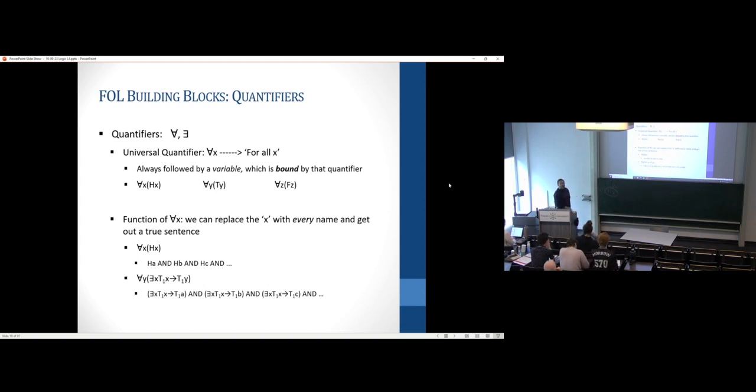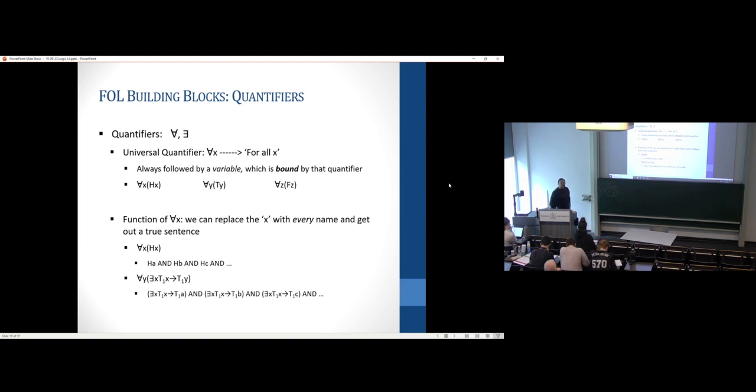The first one that we'll talk about is the inverted A, the upside down A. It is the universal quantifier. The first thing to note about both of the quantifiers is that you will never see one by itself. I'll say that again. Whenever you see a quantifier, it should always be immediately followed by a variable. That's the variable that is bound by that quantifier.